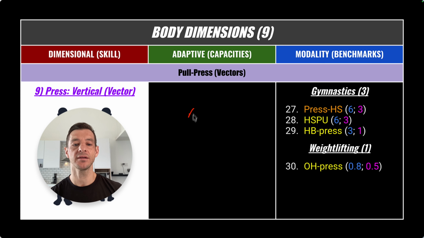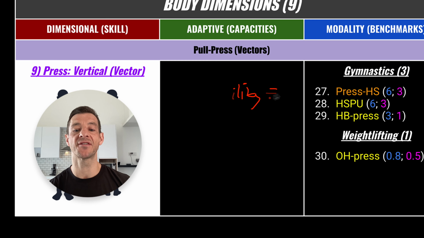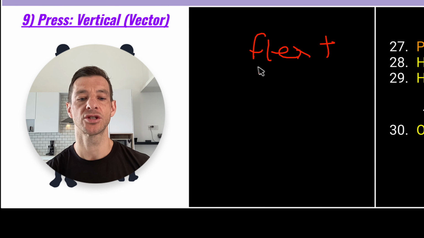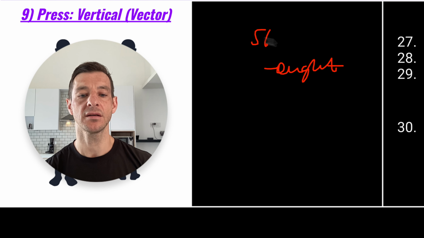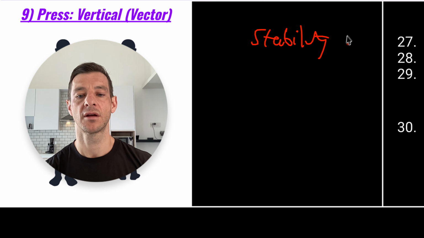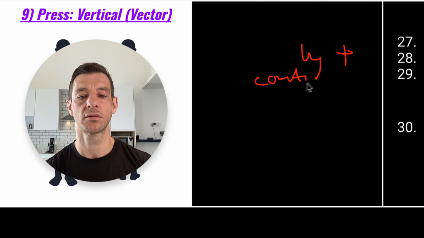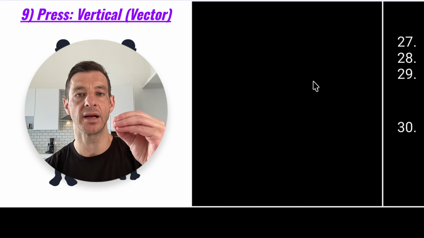As a quick reminder, in case you have forgotten, mobility is a function of flexibility plus strength. Stability then is a function of mobility plus control. In other words, stability transcends and includes mobility.